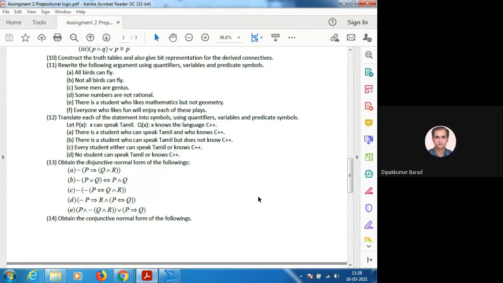As you know, negation of P and Q is nothing but negation P or negation Q. And then you have to apply the distributive law until you get the sum of elementary products. So in this way, you find the sum of elementary products.